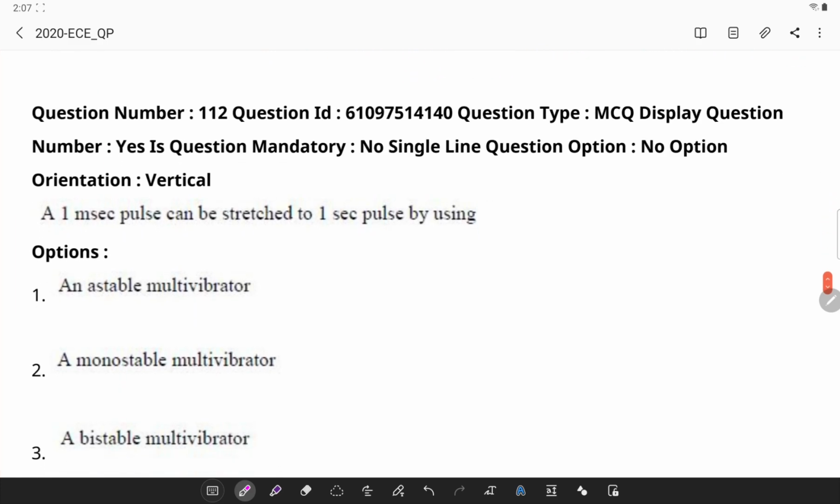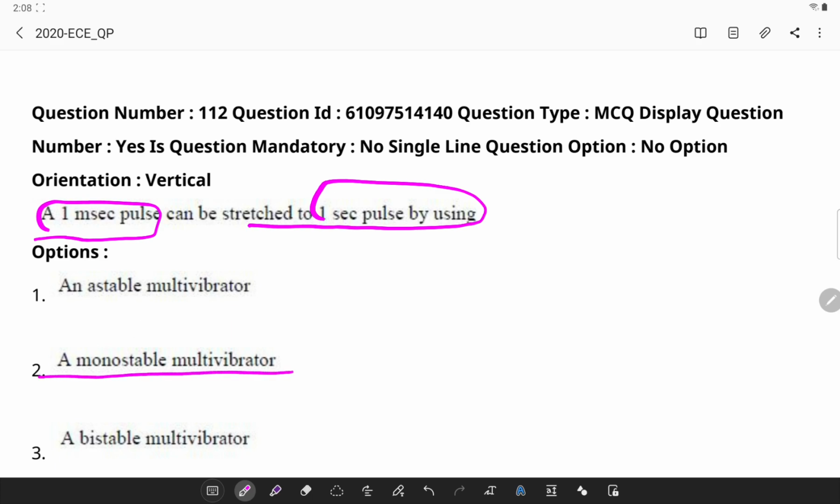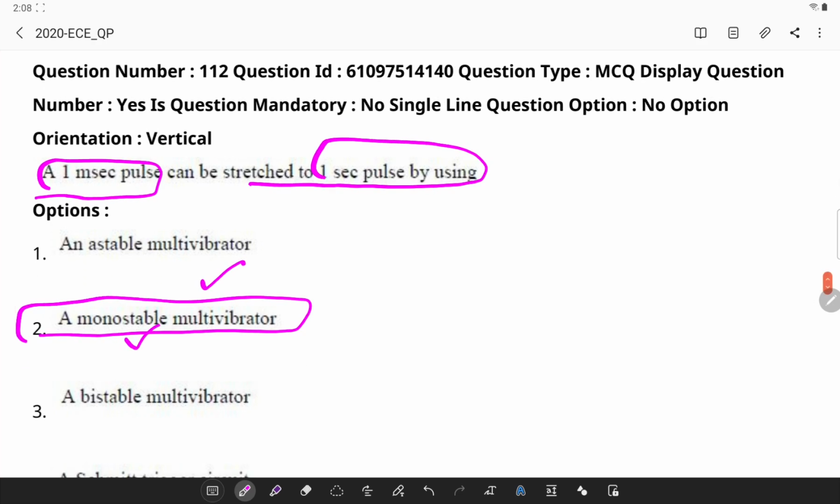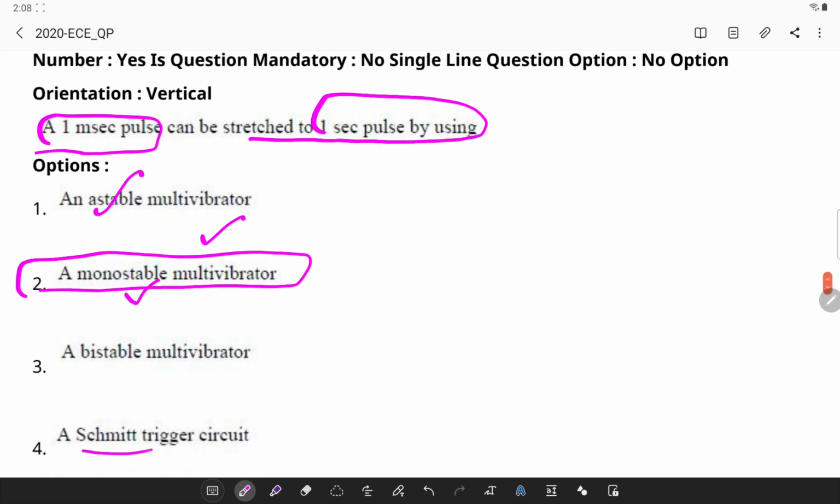So the next question: a 1 millisecond pulse can be stretched to a 1 second pulse by using, observe this, pulse stretching is generally done by a monostable multivibrator, whereas an astable is used for generating a square wave, and even a Schmitt trigger is used for something like that.